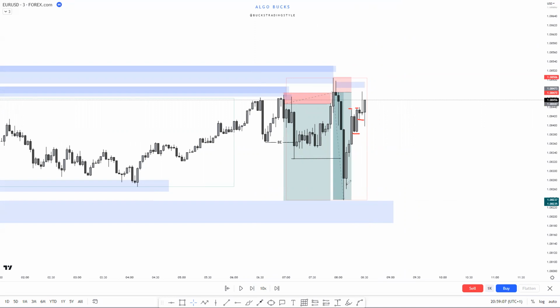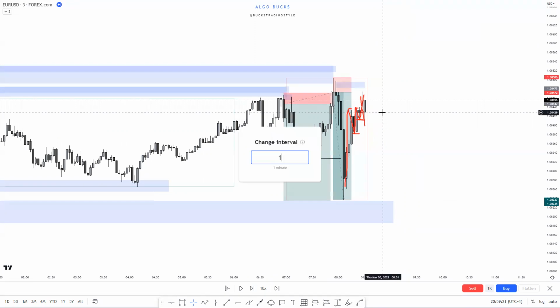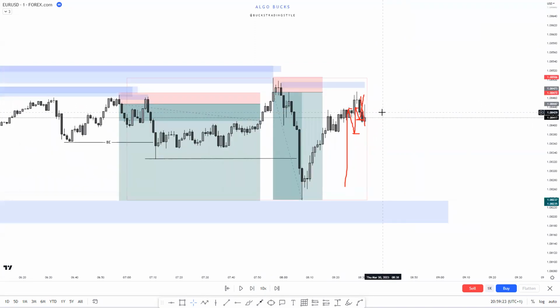So we're actually seeing this, this, this, this, and this on the 3 minute time frame. Then price came back to take out this low. So this is an internal structure MSU, that's the price behavior on the 3 minute time frame, which is also visible on the 1 minute time frame, right?